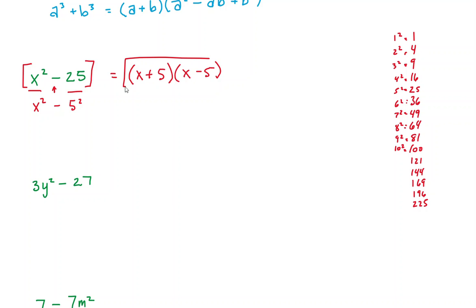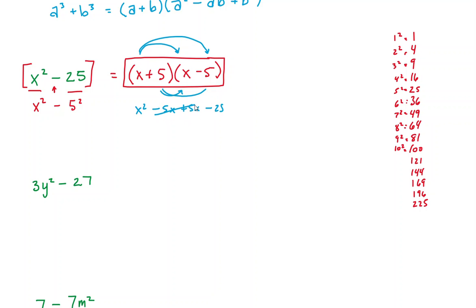And that's it. Now, when you're first figuring this out, it's a good idea to just do the quick FOIL here and check. X times x is x squared. X times negative 5 is negative 5x. 5 times x is positive 5x. And 5 times negative 5 is negative 25.